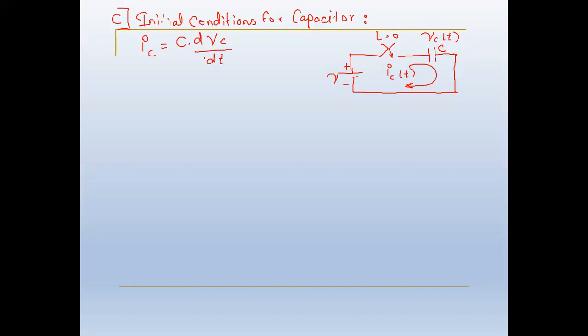So if a DC voltage is applied, then dVc by dt is equal to 0, because the DC voltage is constant with respect to time. Therefore the current through the capacitor Ic becomes 0, and it represents an open circuit.